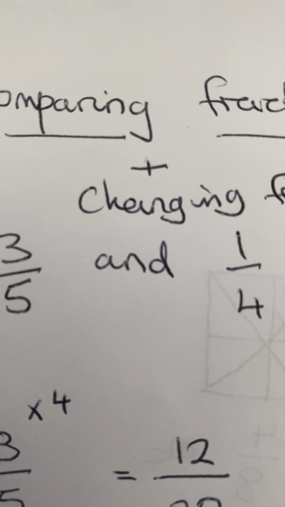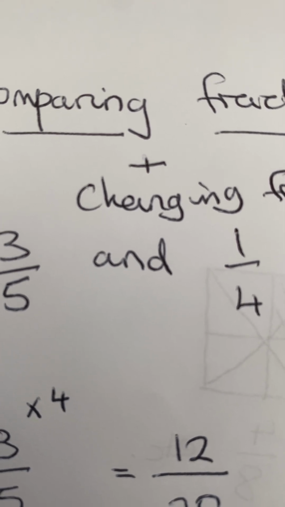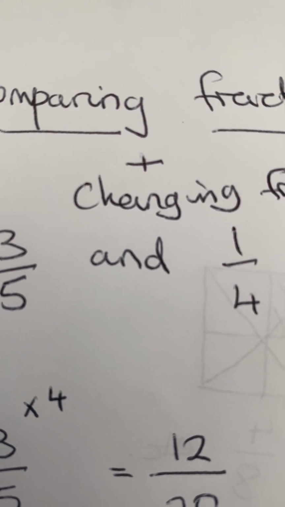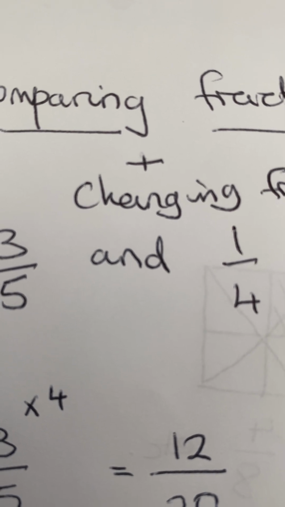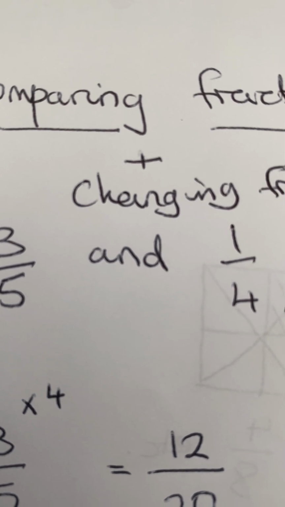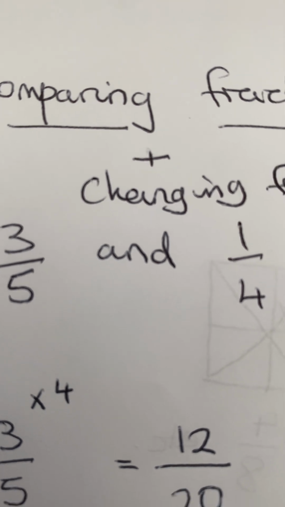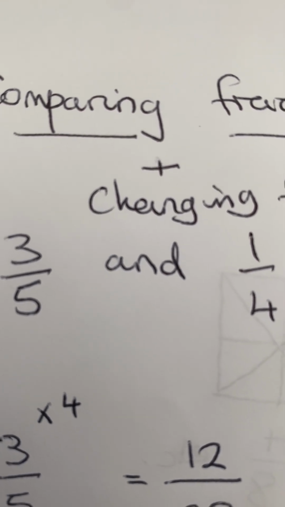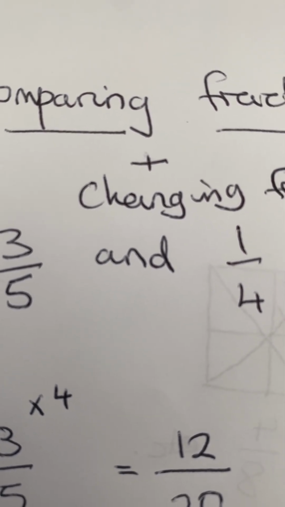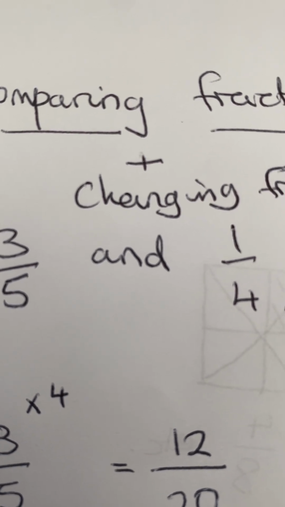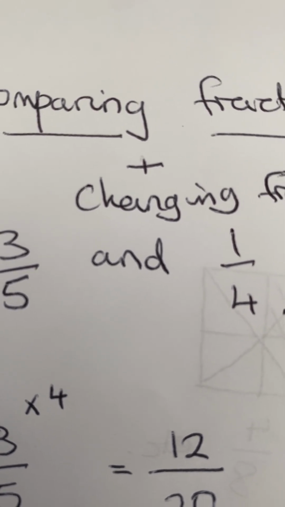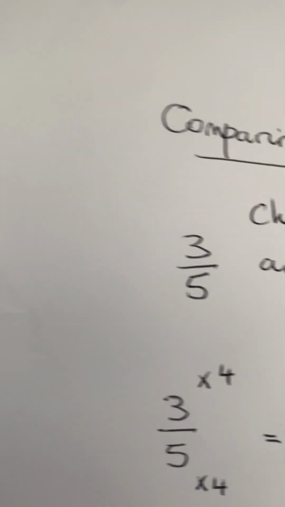You remember we did something similar in decimals. We said you add zeros and make all maybe 2 decimal places or 3 decimal places, and then we'll start ordering it from the lowest to the highest.